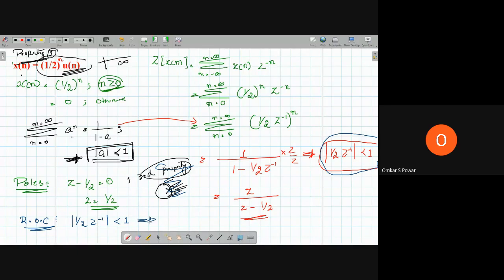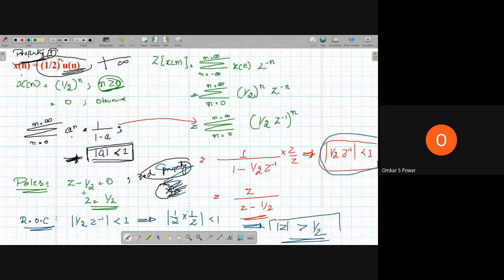Further, how can I simplify this? Half times z to the power of minus 1, that is 1 by z, is less than 1. So I will take z to the right side, so mod z is greater than half. This is your condition for the ROC.